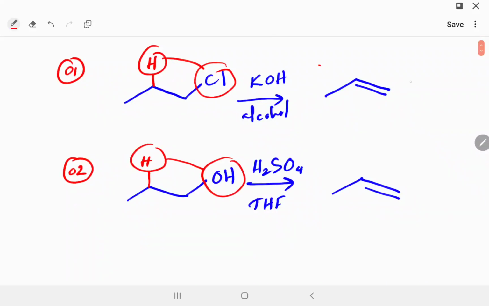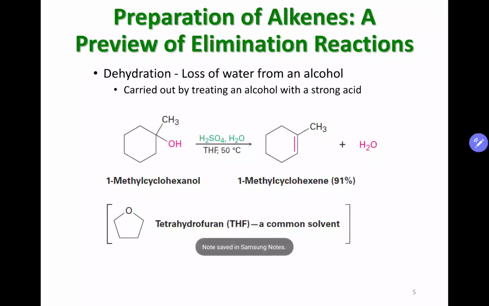So in the first reaction you are removing an HCl. In the second reaction you are removing a water molecule. Are we clear? All right, so that is how you synthesize alkenes.